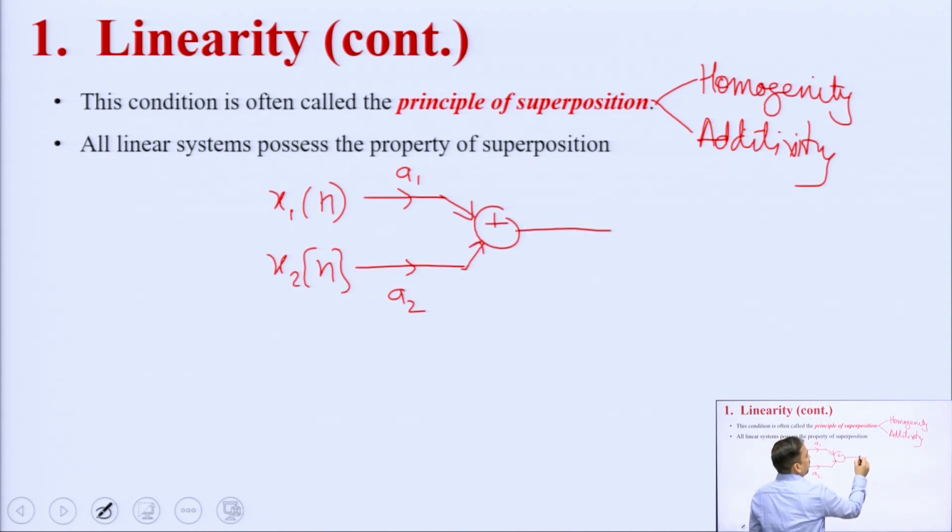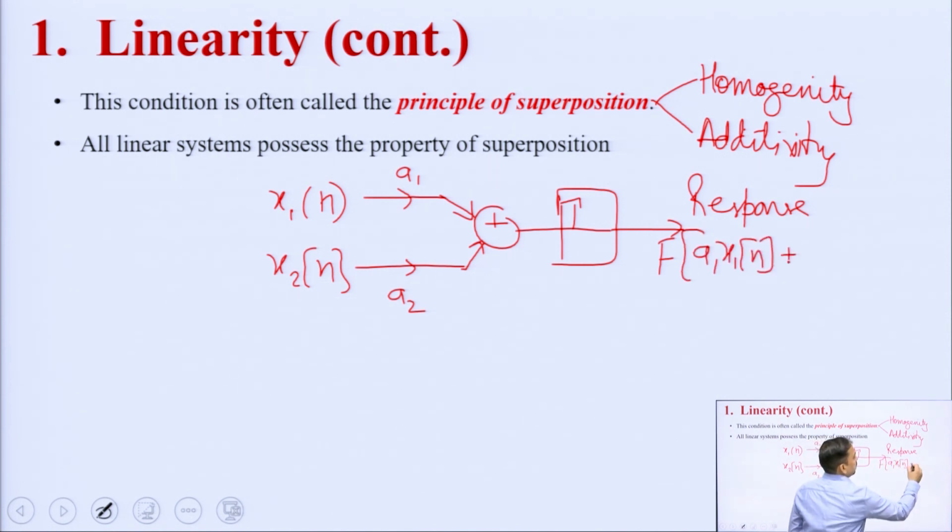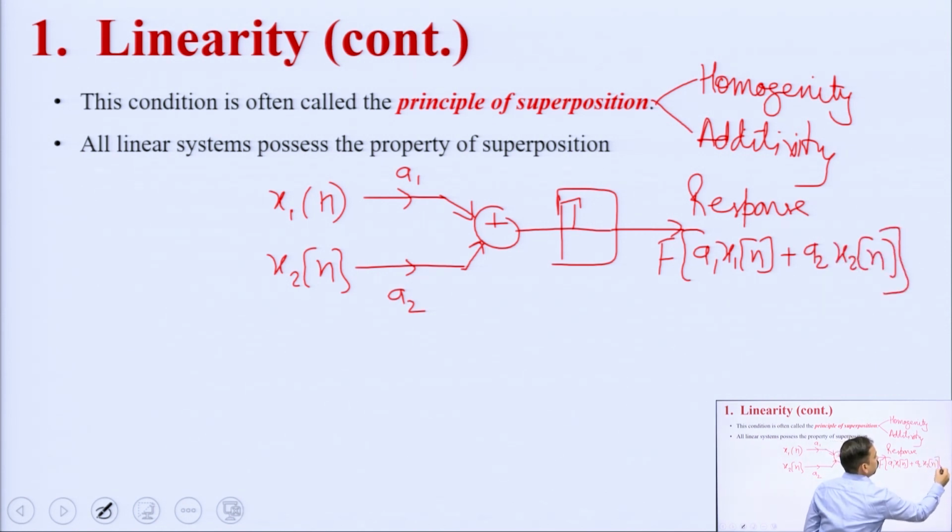After that we apply the system, generally denoted like this, and we get the response, which is a1 x1[n] plus a2 x2[n]. Let us assume this as equation number 1. Second, we first apply the system directly to x1 and x2.